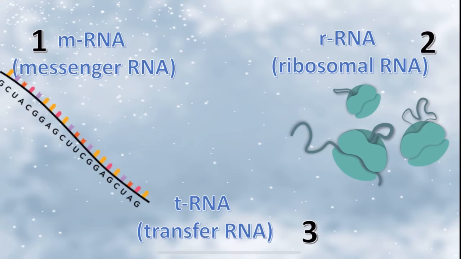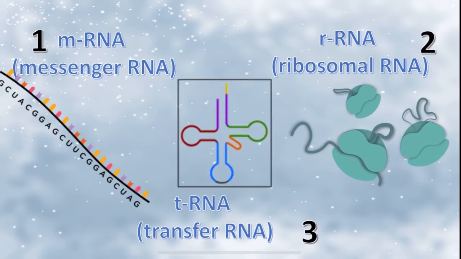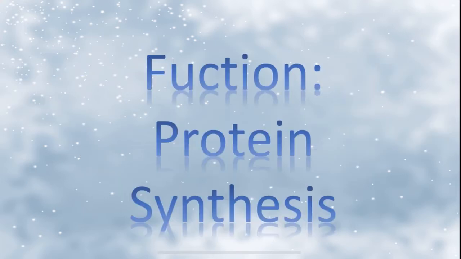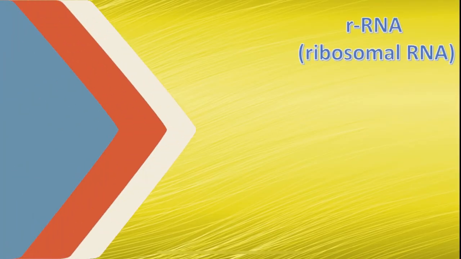Because of the ribosomal structure with it, it is called ribosomal RNA. And the third one is tRNA, that is transfer RNA. It contains various loops inside the structure, so it is a little more complex. But the major function of all these types of RNA is protein synthesis.